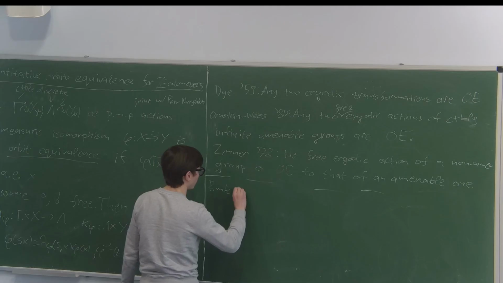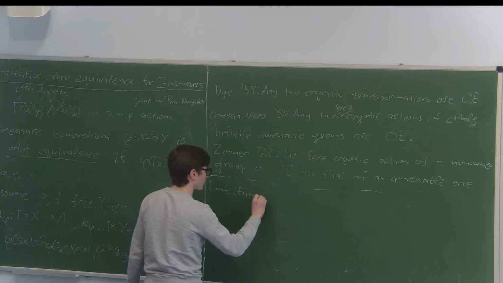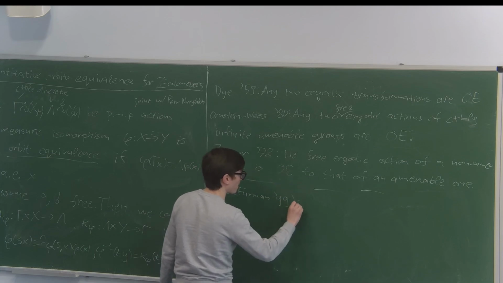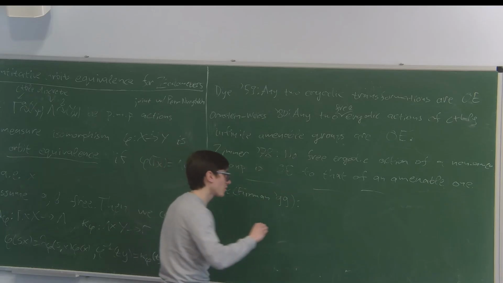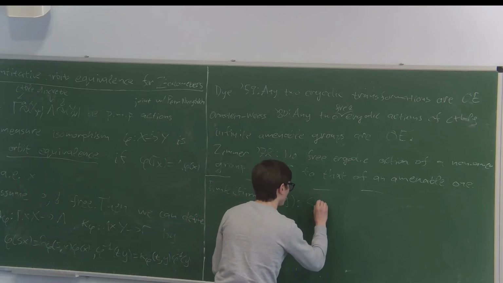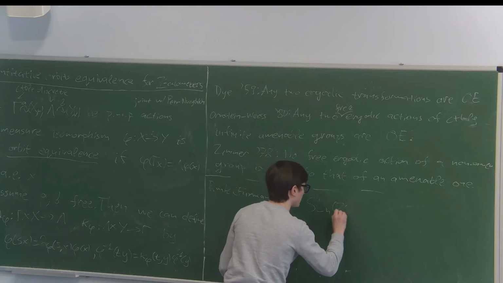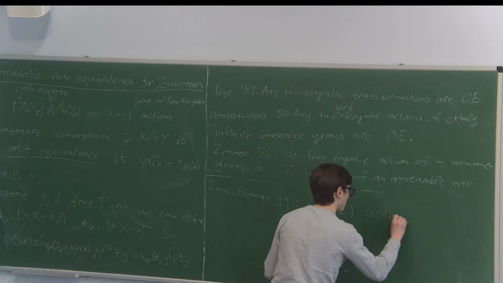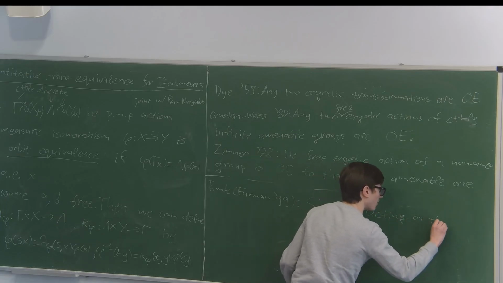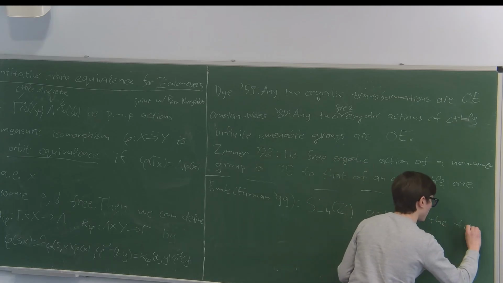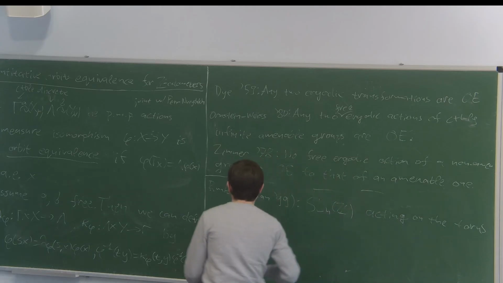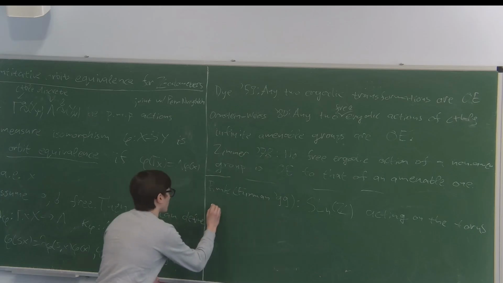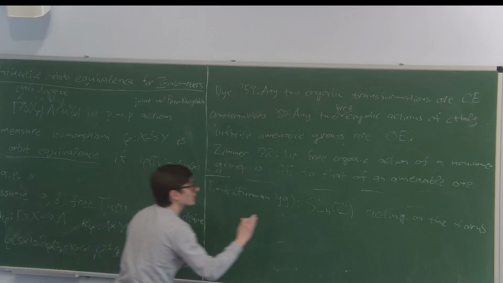this is Fermat. Is it? I think it's 99. So if, for example, you take the action of, so then C acting on the torus, okay.